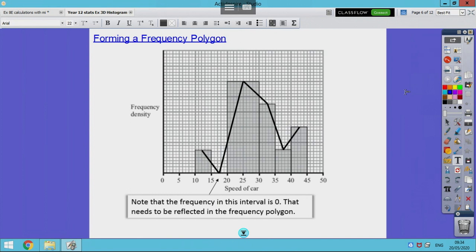So if the speed of the car was never 15 to 20 miles per hour, then you should still show that on your polygon. So it's really important that you don't miss that out and go straight from 10 to 15 up to 20 to 30. You must go down to between 15 and 20 as well. So that was the second point that I wanted to make.